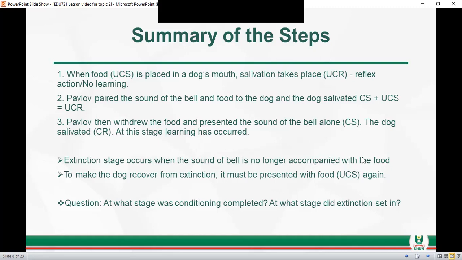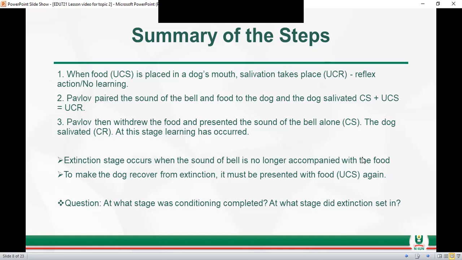At the second stage, conditioning was achieved. The dog has been conditioned to respond to the sound of the bell alone. And then the extinction stage occurs when the sound of the bell is no longer accompanied with the food. To make the dog recover from extinction, it must be presented with food again.